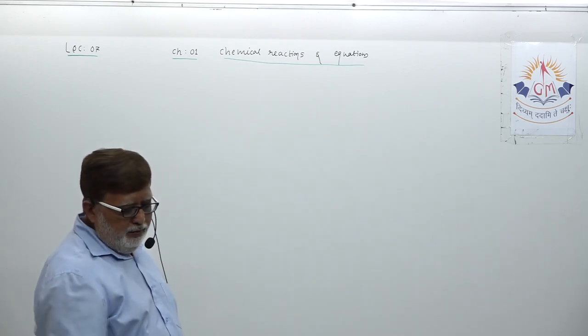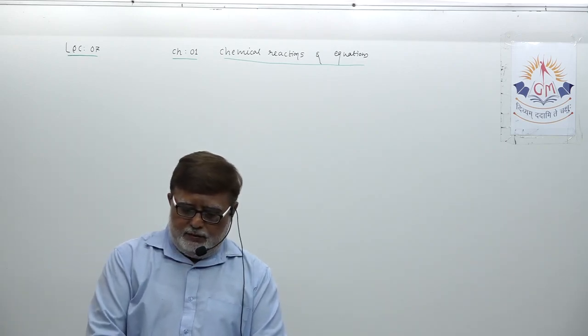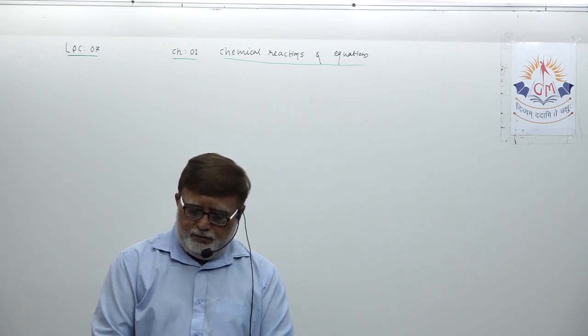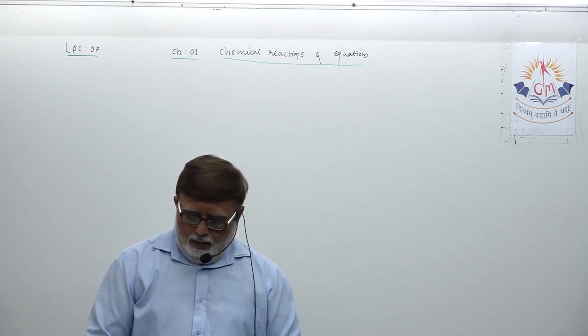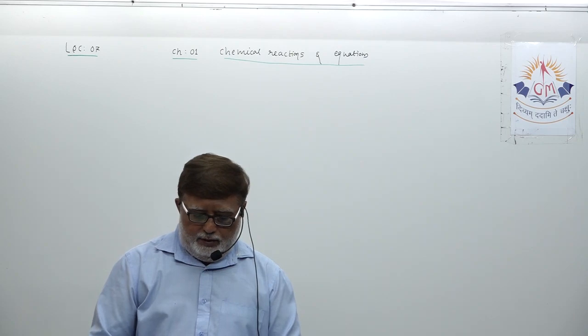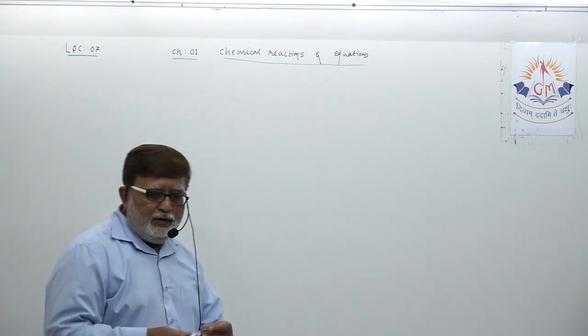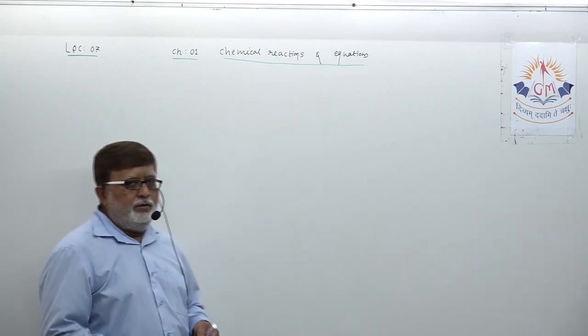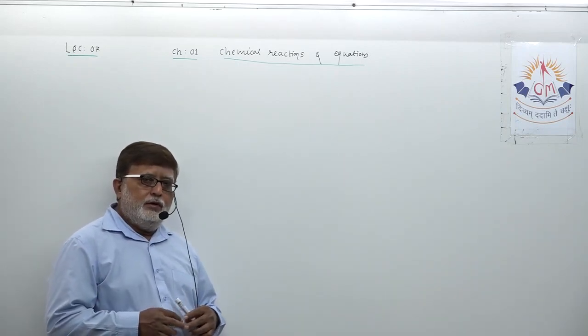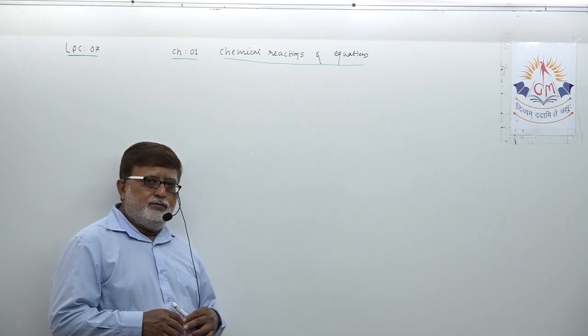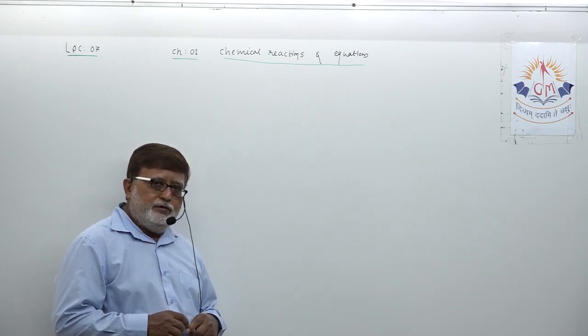Okay. Now dear student, in today's lecture we are trying to understand the rest of the two types of chemical equation, that is our target. Today, speaking precisely, will be the last lecture in this particular chapter.